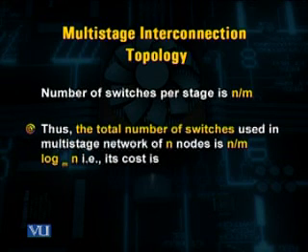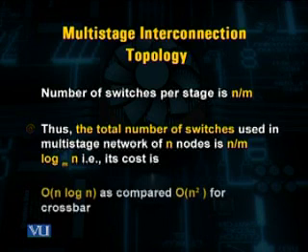Thus, the total number of switches used in the multi-stage network of n nodes is n divided by m multiplied by log of n to the base m. That is, we can say that its cost is of order n multiplied by log of n, and this cost is much smaller as compared to the cost of a crossbar switch, which is of order n square.